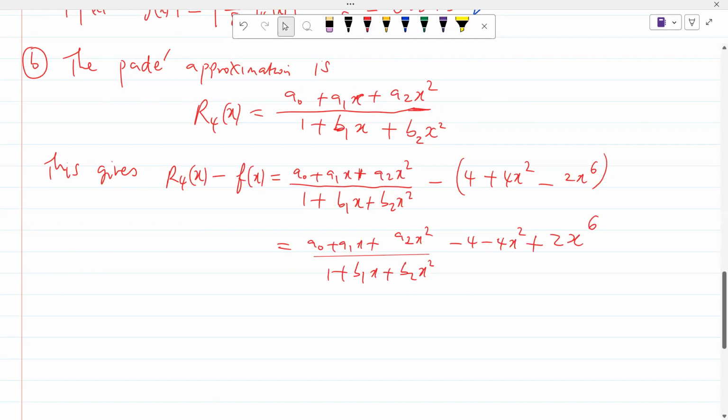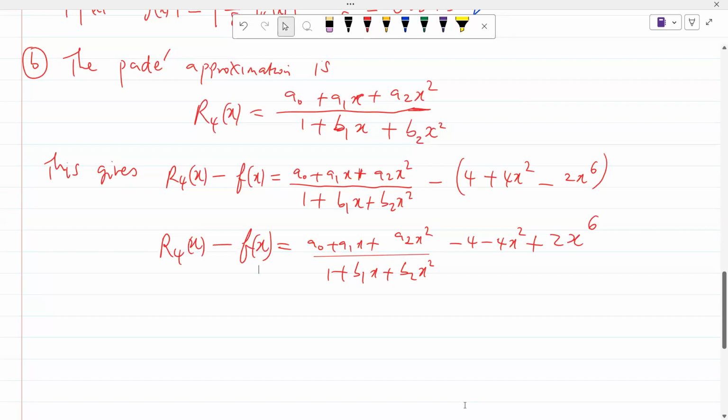What is the meaning of all this? What do you obtain from this? Right, so we still remember that it is the Pade approximation R4, the formula for R4 we've already seen, and the polynomial f was given.